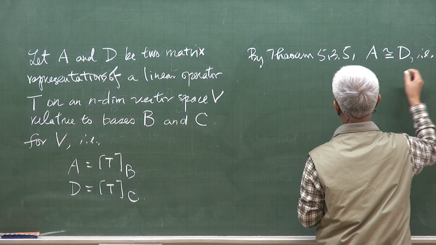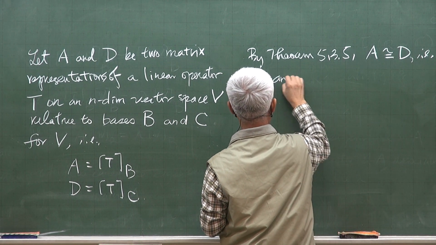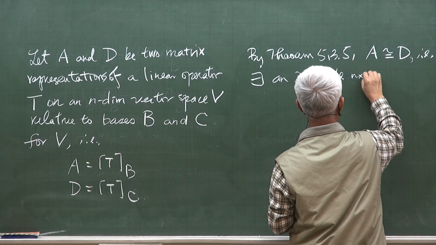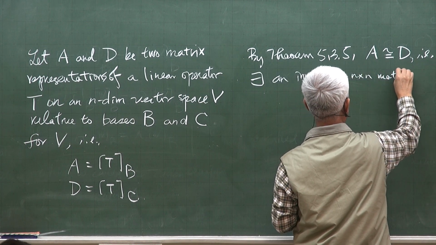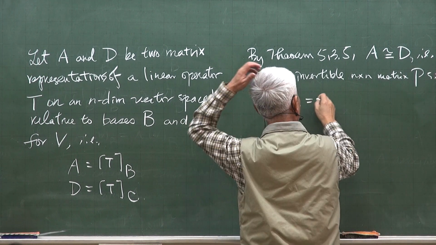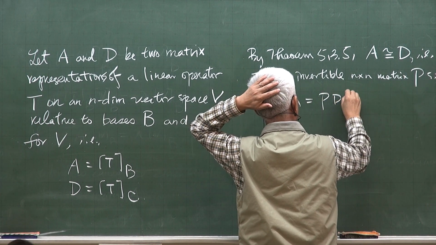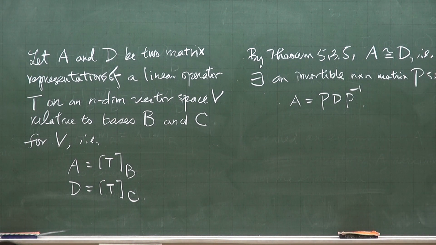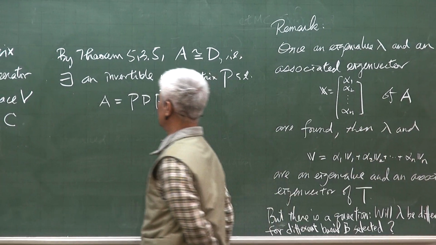There exists an invertible n times n matrix P such that A is equal to P D P inverse. Right.